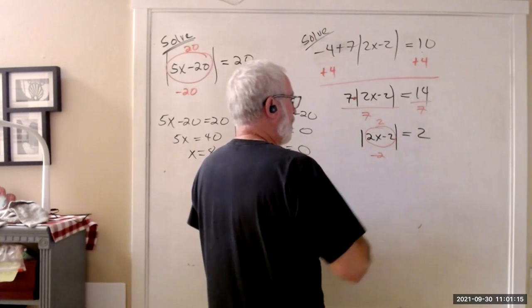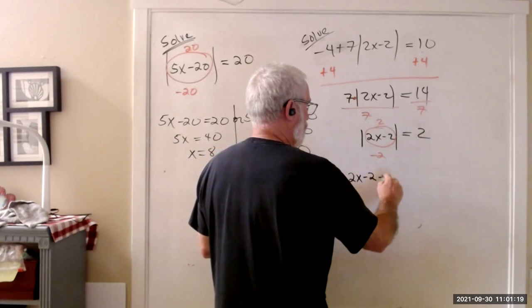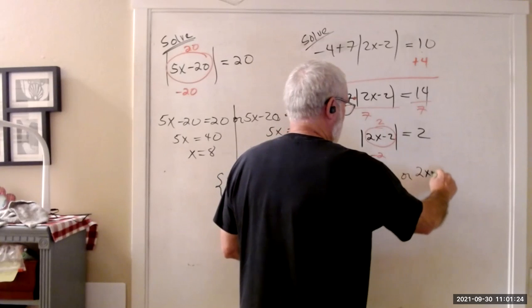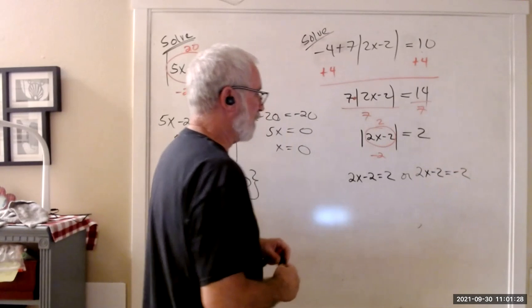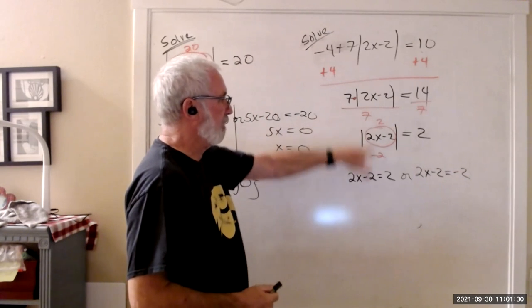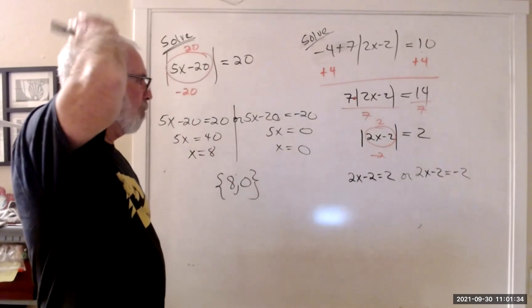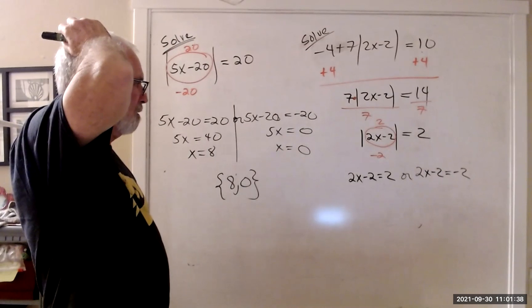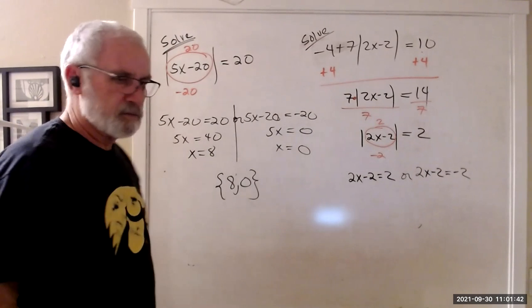I don't know, so I write 2 possible equations. 2x minus 2 could have been worth 2, or 2x minus 2 could have been negative 2, and then solve that. I think you're going to get 0 and 2 for this one.